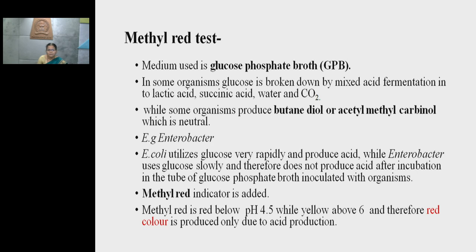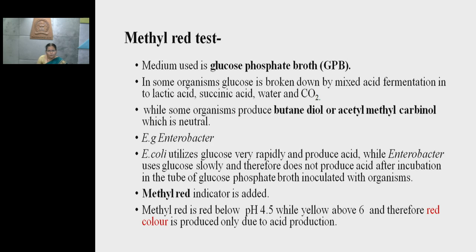For example, Enterobacter can produce such compounds, and E. coli utilizes glucose very rapidly and produces acid, while Enterobacter uses glucose slowly and therefore does not produce acid after incubation in the tube of glucose phosphate broth inoculated with the organism.